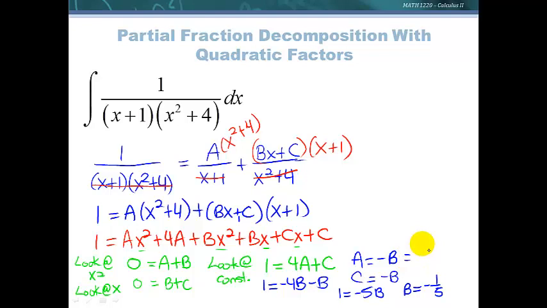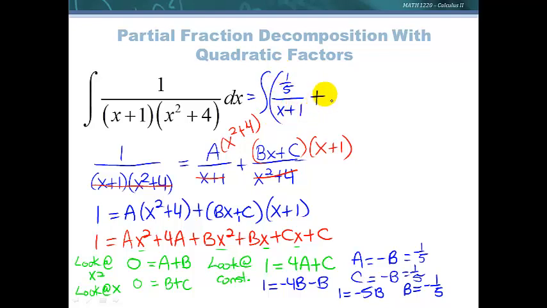Well, if a is negative b, then a must be 1/5, and c is negative b, so c must also be 1/5. So I just did that by a substitution because they were pretty simple. Now let's go ahead and express our integral then. We've got a being 1/5, so this is going to be 1/5 over x plus 1.